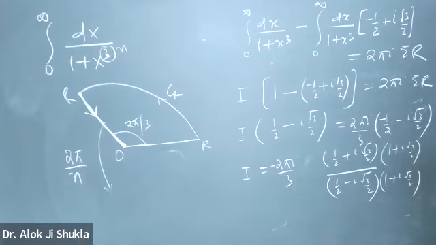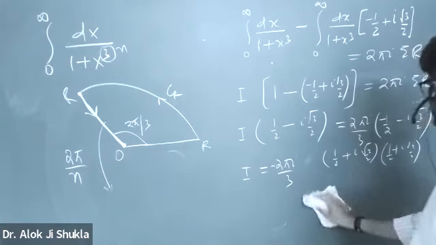What will you get in the denominator? 1. Half... so 1 by 4 plus 3 by 4, 3 by 4, 1 will come. Yes, sir.